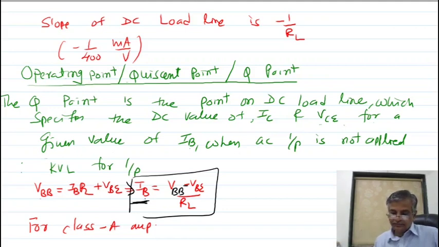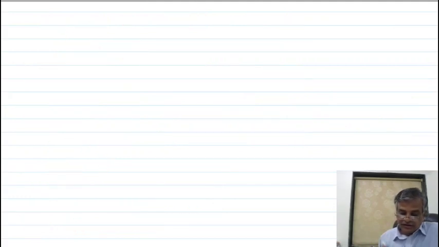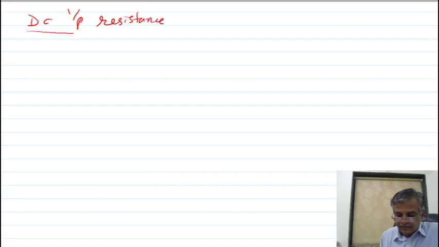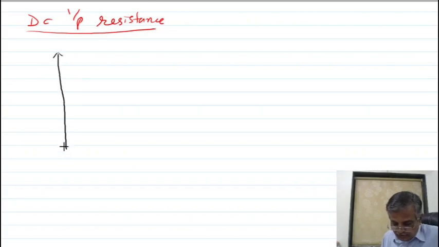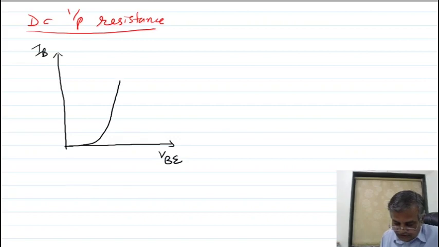Now let us talk about DC input resistance. DC input resistance can be obtained from the input characteristics of the transistor. This is your input characteristics.